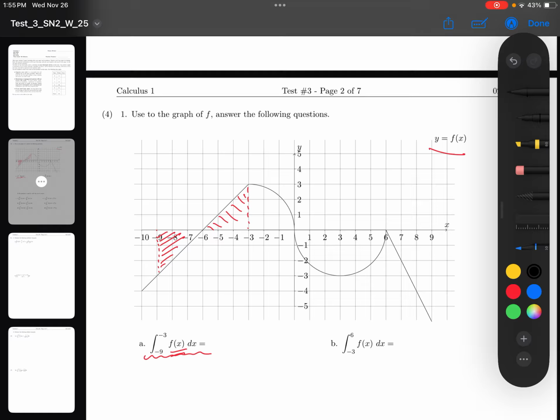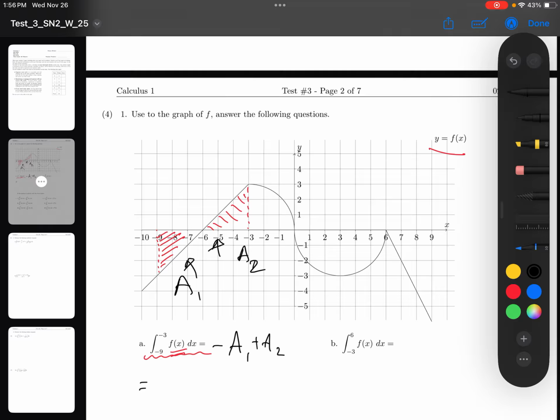So that means that I have to evaluate this area right here, let's call it A1, and area A2. But we're going to say negative A1 plus A2 because the area A1 is beneath the x-axis.